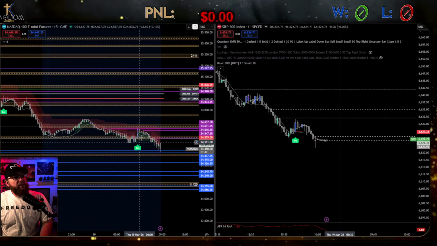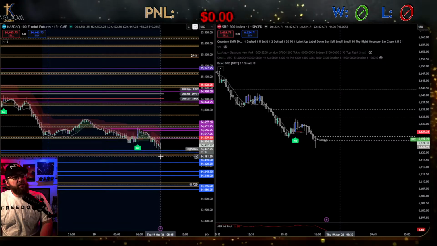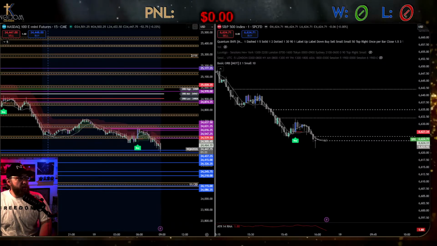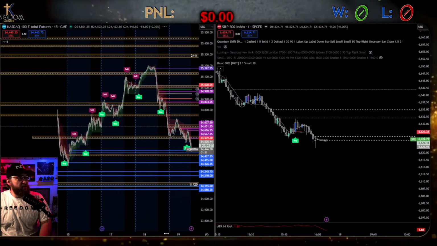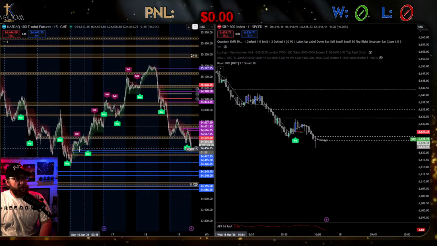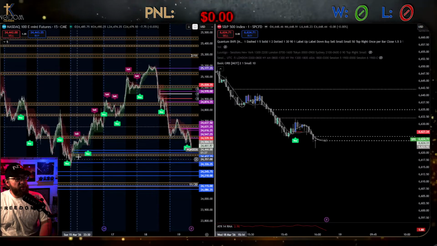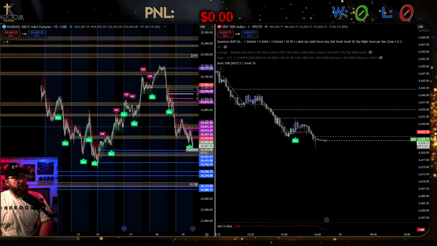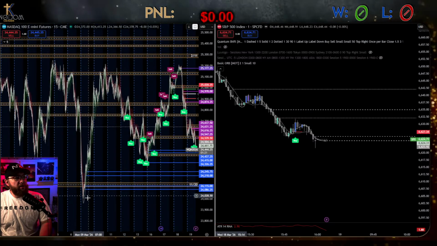Nice little ebb and flow down, hitting some previous lows from I think just a few days ago. Yeah, about 4 days ago, hitting some lows that haven't been retouched yet. If we break those, then I can see it coming all the way down to these lows down here.